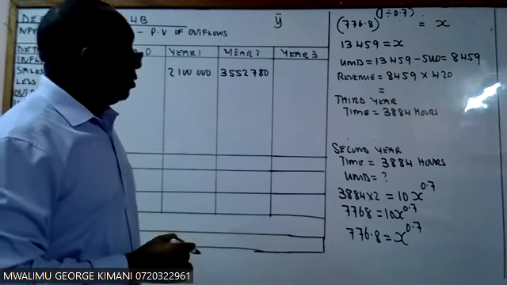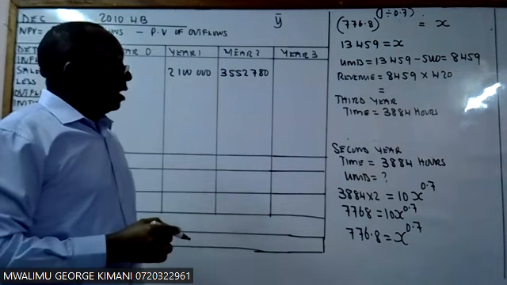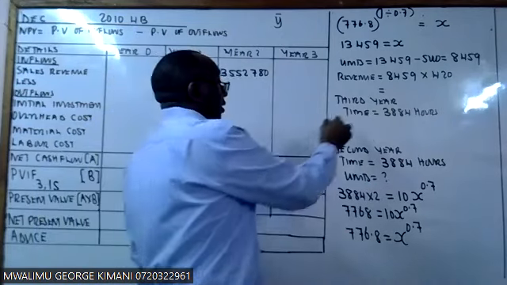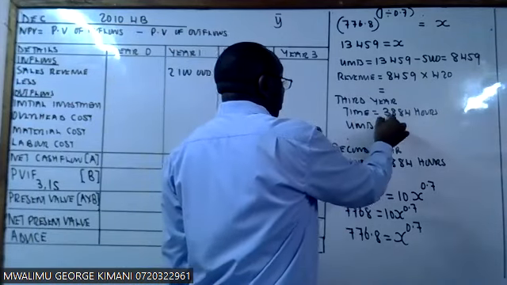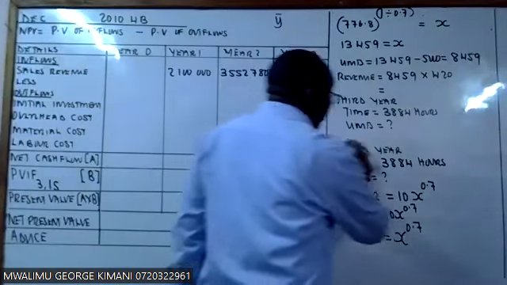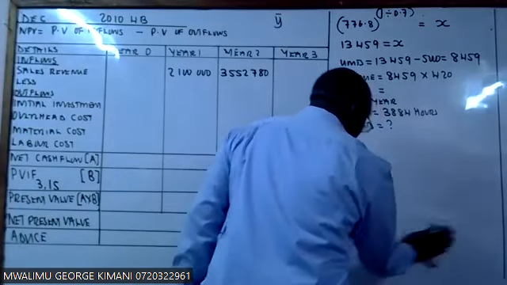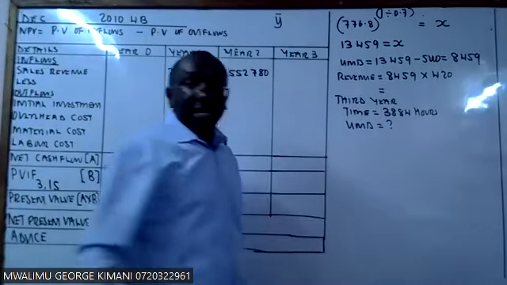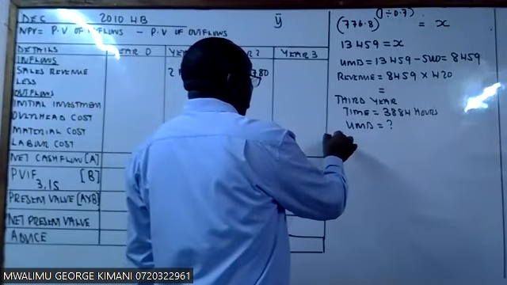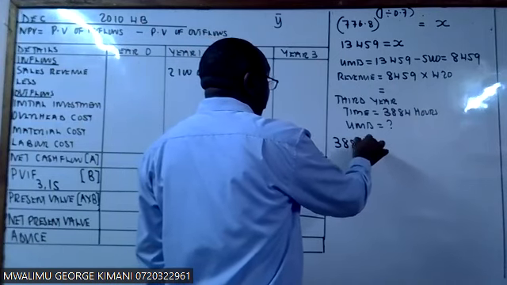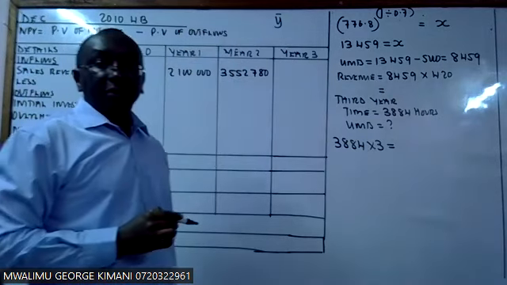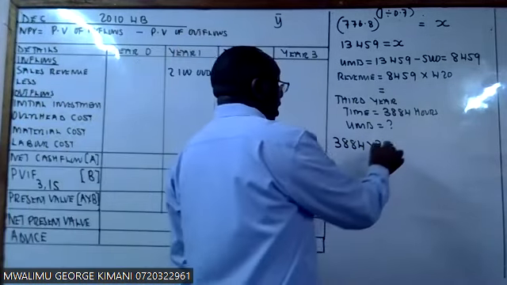So just arguing to get the units like we argued here, the units for this year will be how many? Again, founded on the assumption that we have not taken a break. It will then be 38.84 times 3.